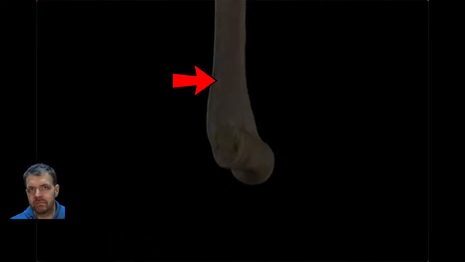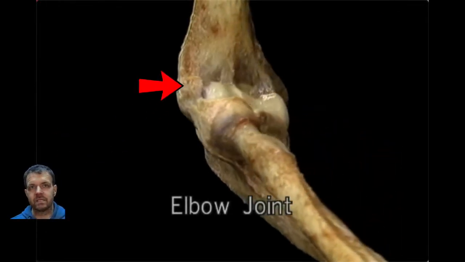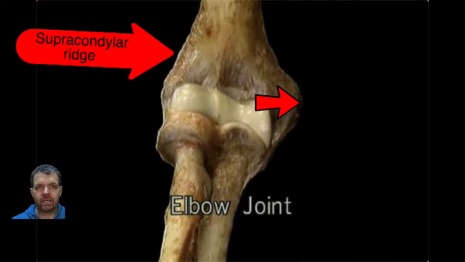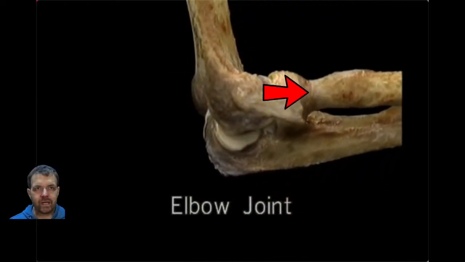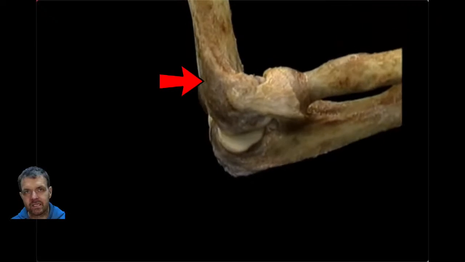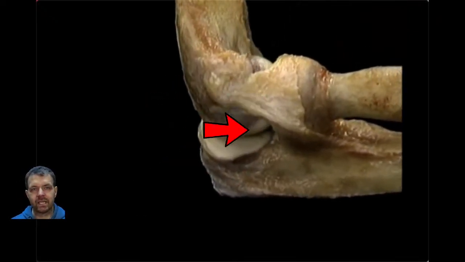Supracondylar ridge, and you've got one on the other side as well, medial and lateral. Lateral epicondyle, capitulum, trochlea, medial epicondyle. Radial head, so that's your radius bone. There's the olecranon fossa. Radial collateral ligament just here.